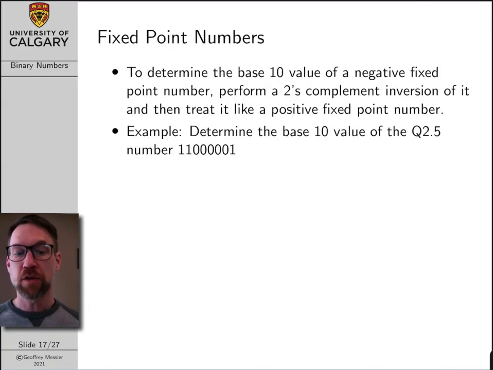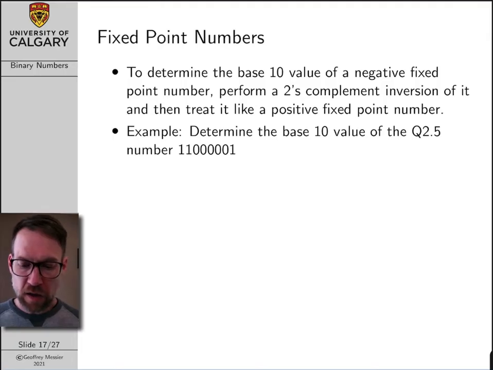Now to go the other direction, if you want to take a negative fixed point number and determine the base 10 value, you do the 2's complement inversion of it first, and then just treat it like a positive fixed point number with a negative sign in front of it.